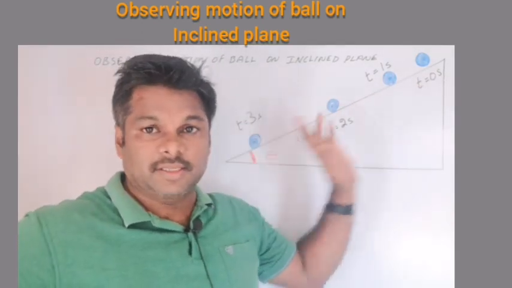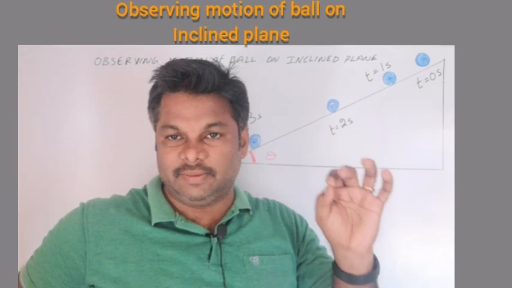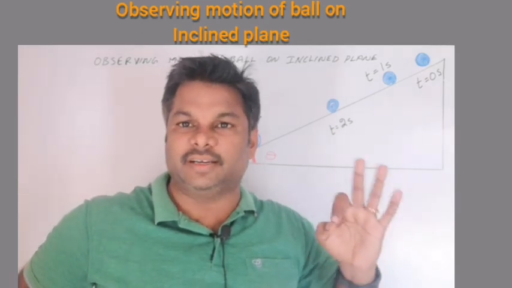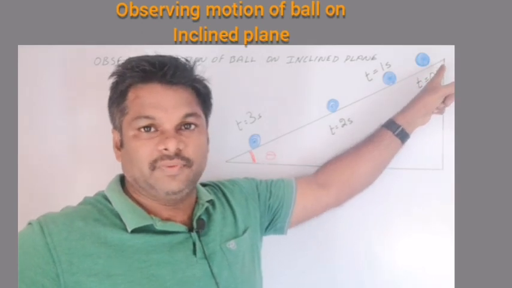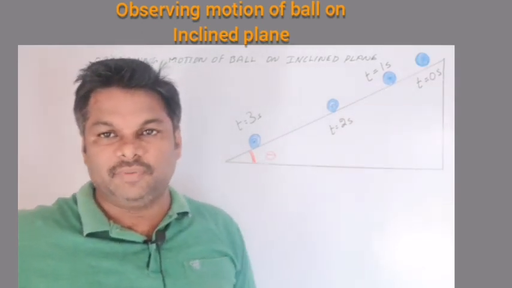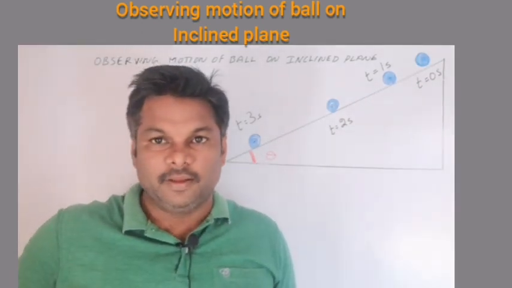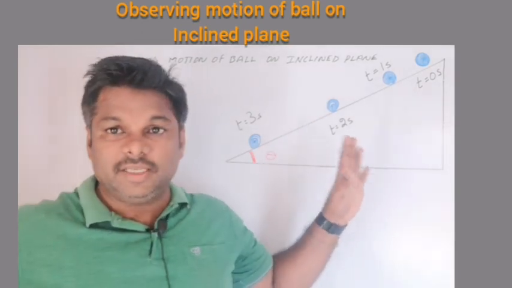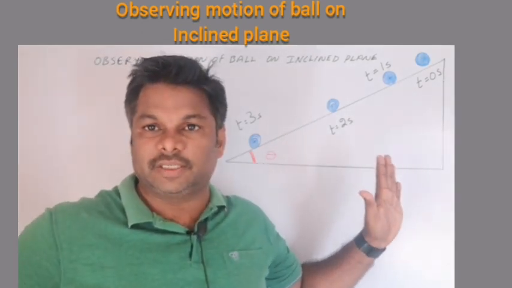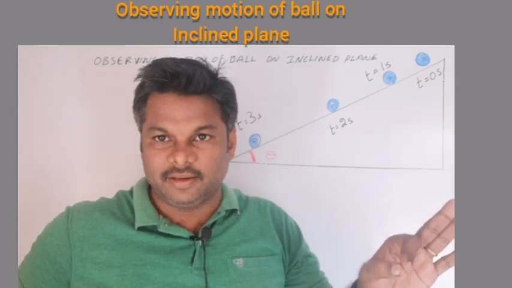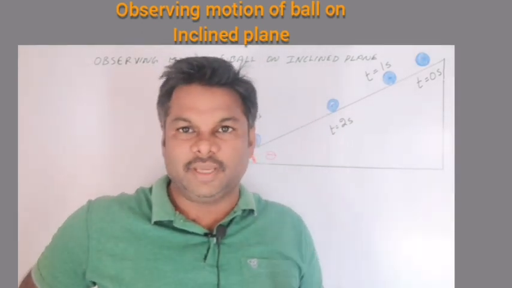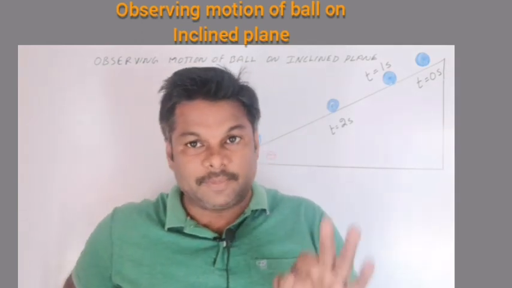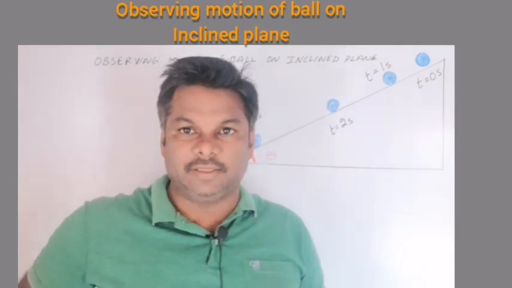This body does not have constant velocity in its whole journey from the top of this inclined surface to the bottom. It covers unequal distances in equal intervals of time because of having different velocity at different points. Okay, so we observed that point, and we observed one more point.